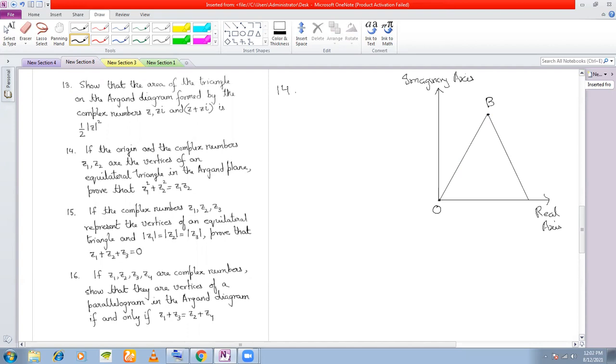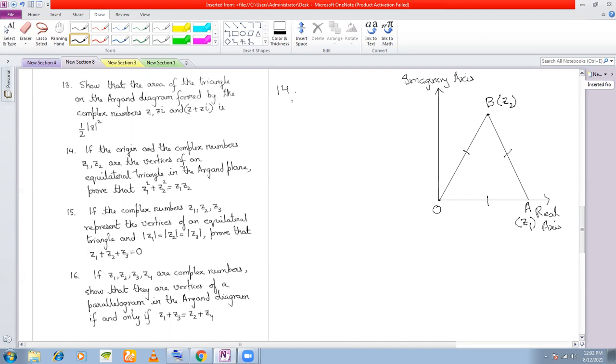Let us call this point B, and let us call this point A. Let us say this complex number is z2, and let us call this complex number z1. Okay. So now we need to show that z1 square plus z2 square is equal to z1 z2. Now this is an equilateral triangle, so all these three sides are equal.